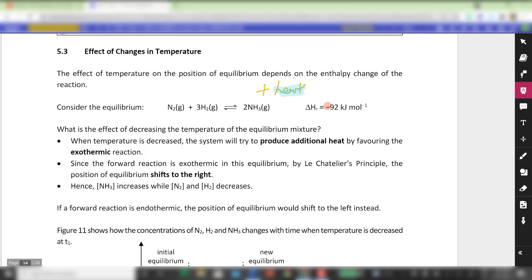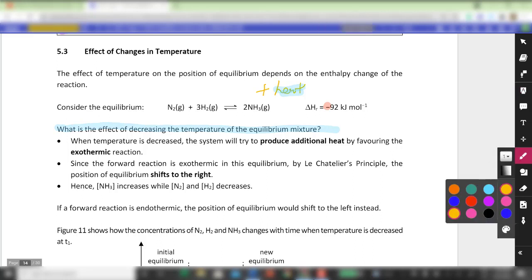In this case we'll use the same example. What is the effect of decreasing the temperature? Do you notice that when we decrease the temperature, it is analogous to, not exactly removing, but decreasing the amount of heat present in the system? This is already some form of stress being applied to the system at equilibrium, because I am removing the heat that is being produced.